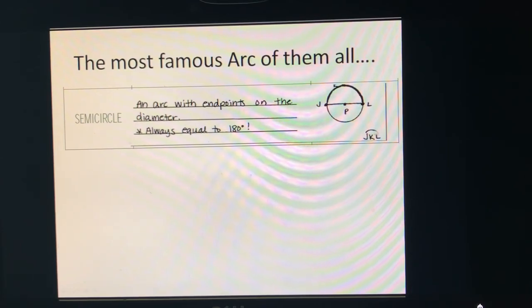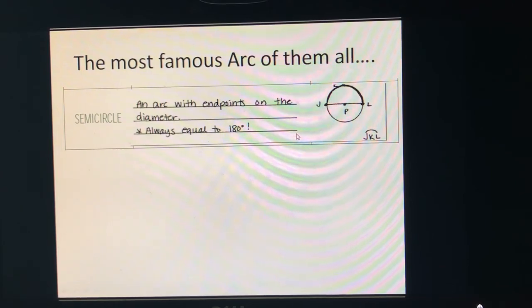It would still be identified using the arc mark, and most times you're going to have three letters identifying a semicircle. You could use two letters as well, as long as you know that the diameter is going through the center. And a semicircle is half of a circle, which is 180 degrees.